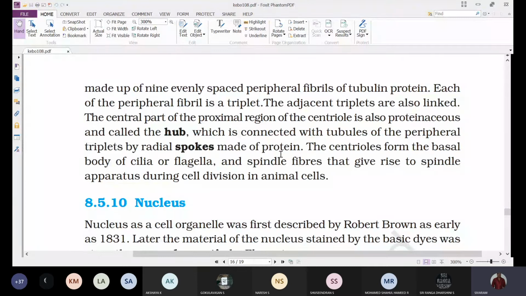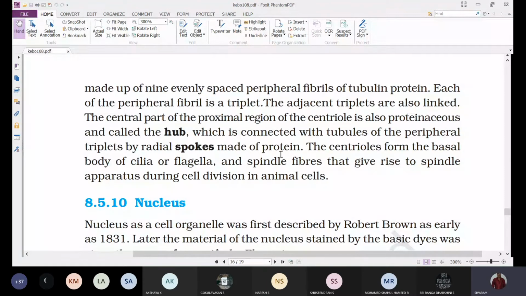And next, when you observe the internal structure of the centriole, the electron microscopic structure of a centriole reveals that the peripheral fibrils are three in number, so we call it a triplet. The adjacent triplets are joined with the help of dynein arms.